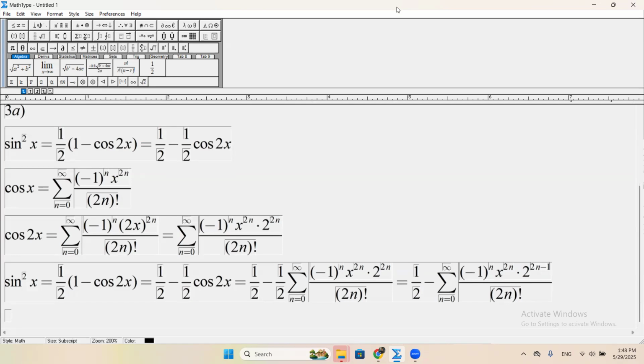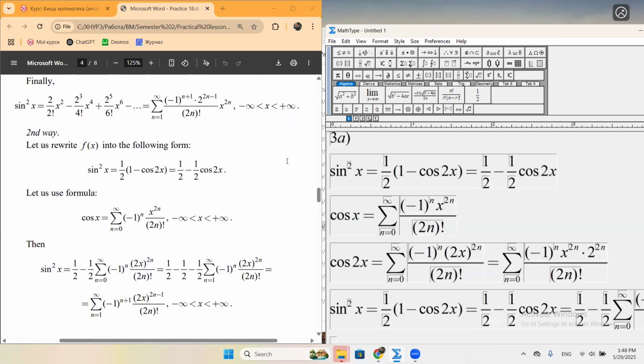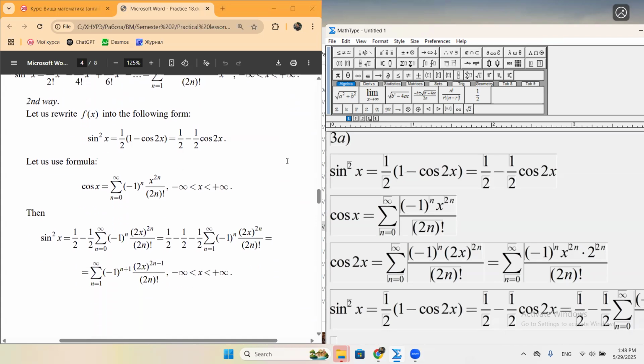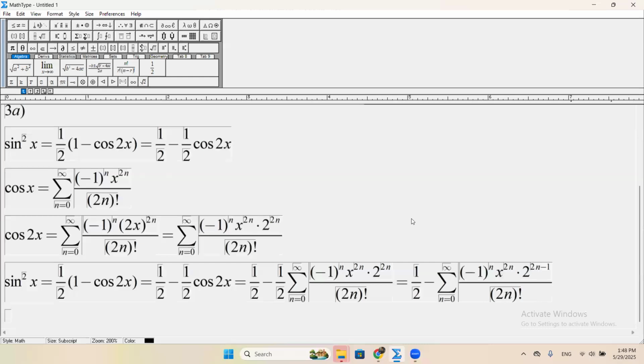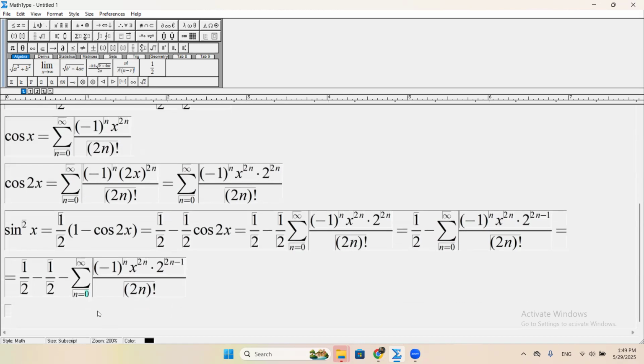And if we compare it with the initial series, by the way, I can even rewrite it like this. So the zero term of this series will equal 1/2, and I will start numeration from n equals 1.